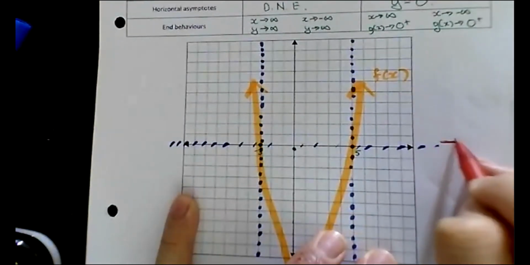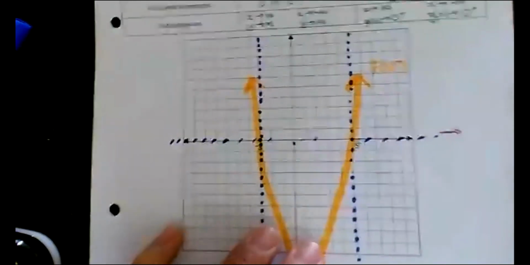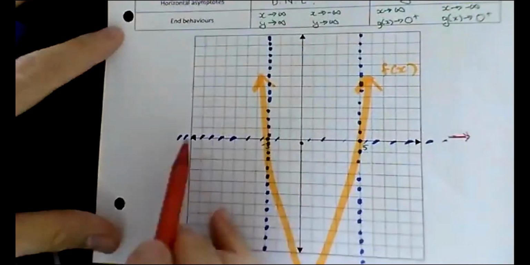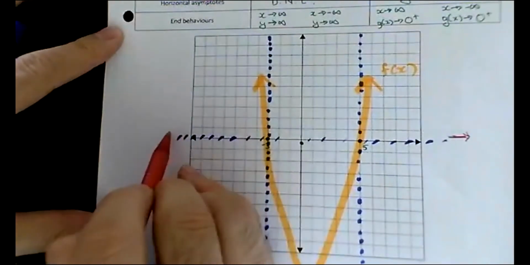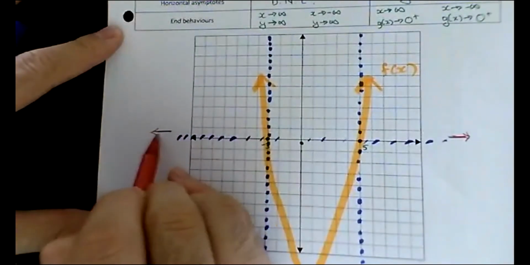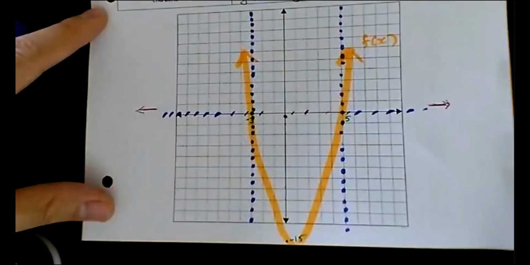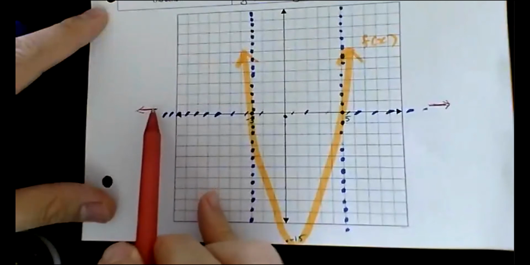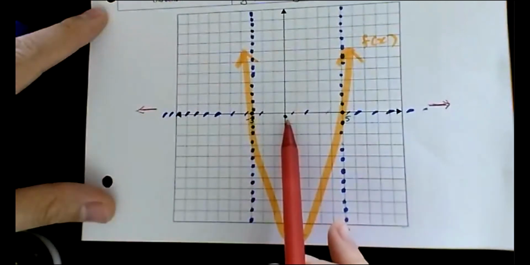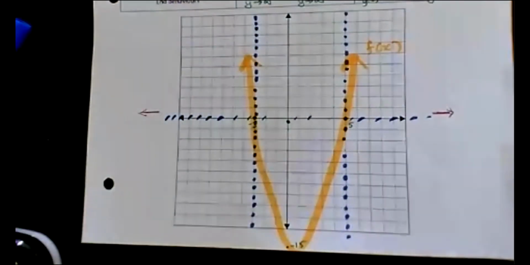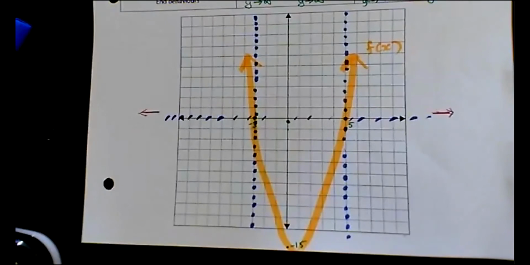So I know that it's going to be above the horizontal asymptote. As x approaches negative infinity, I know it's going to be above as well. It has to be positive. So I have to get here, but I can't. What could help me?